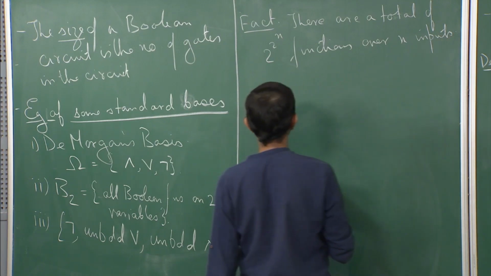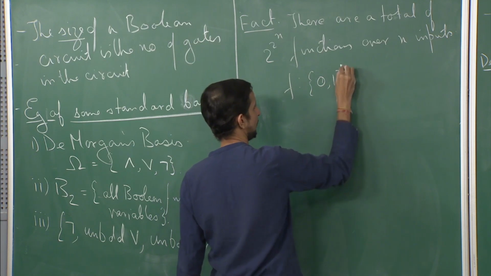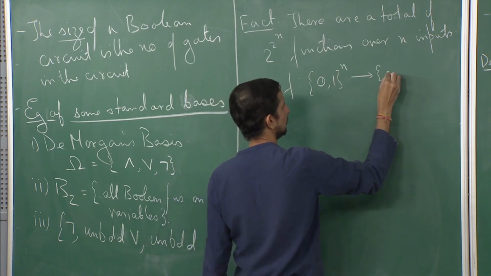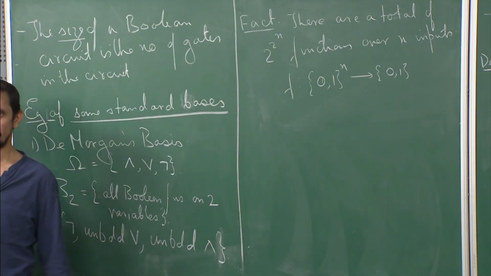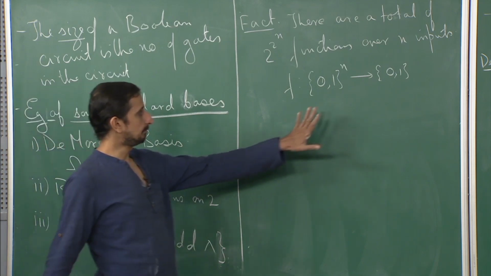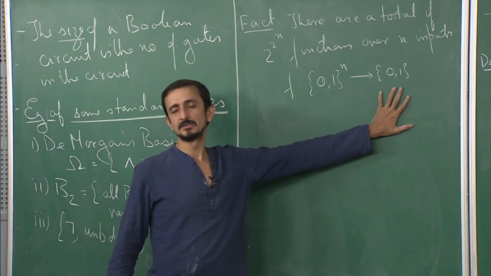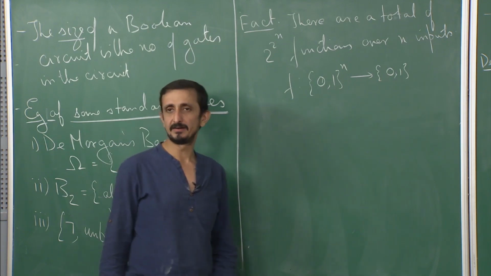Suppose I consider a Boolean function going from {0,1}^n to {0,1}. How many such functions are possible? How many different functions can I have that take an input string and produce a single bit as an answer?